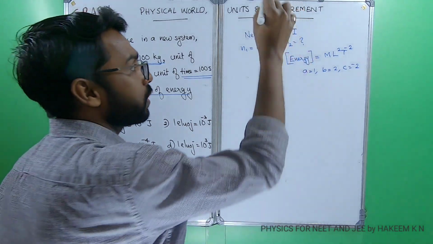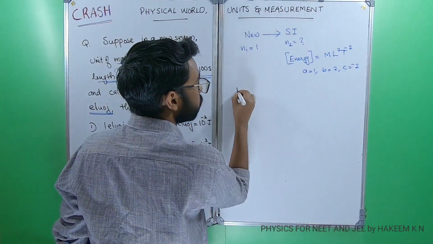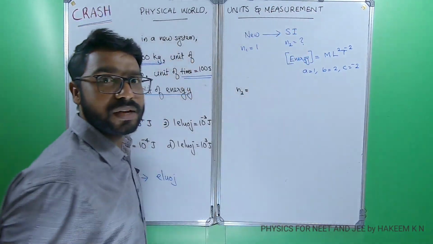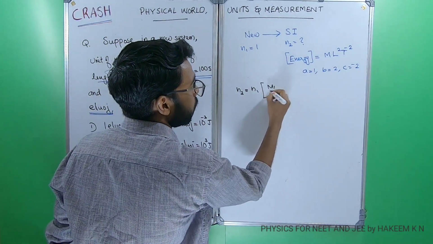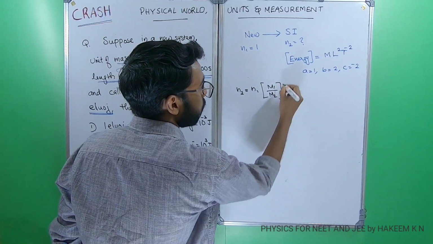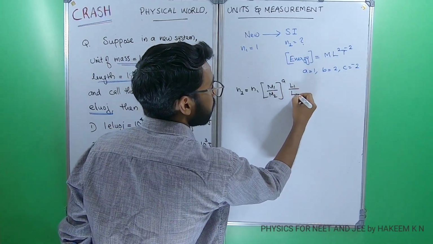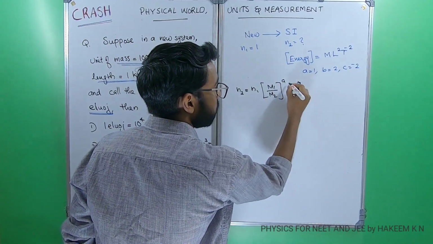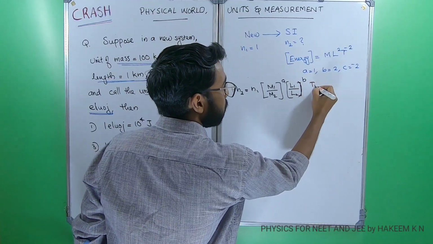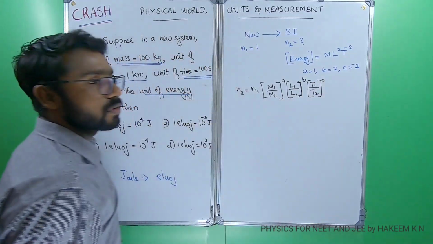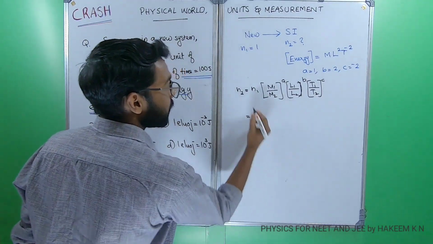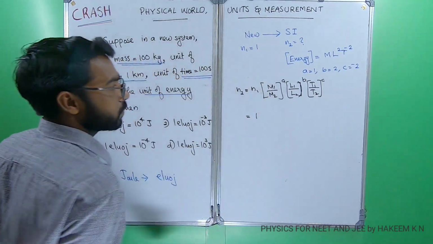So to find N2, we have to use that equation. N2 equal to N1 into M1 by M2 power a, L1 by L2 power b, and T1 by T2 power c. This is our formula. What is N1? N1 is 1.